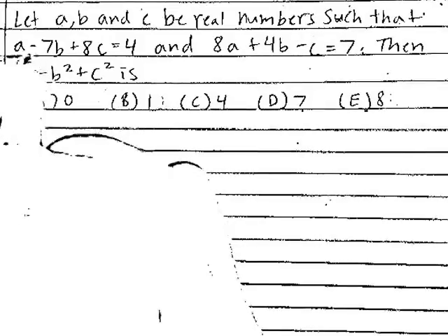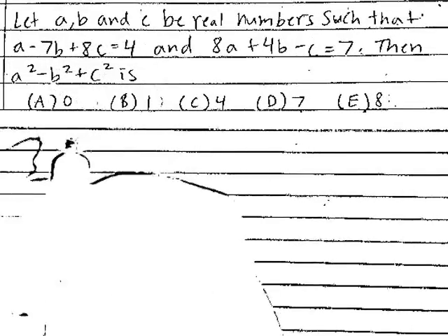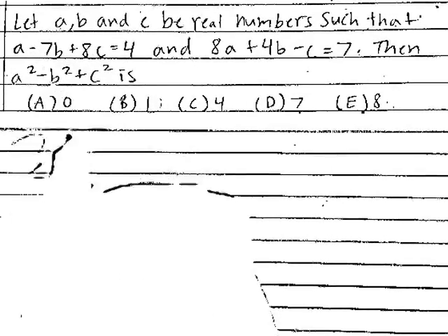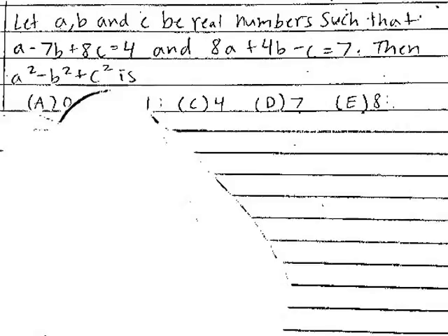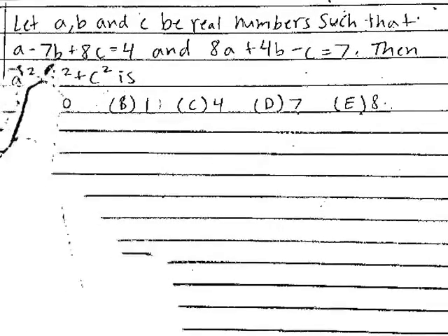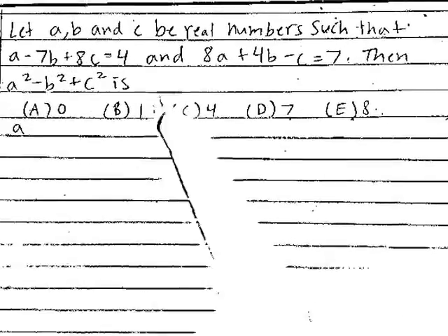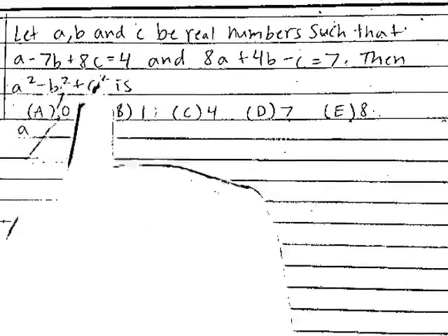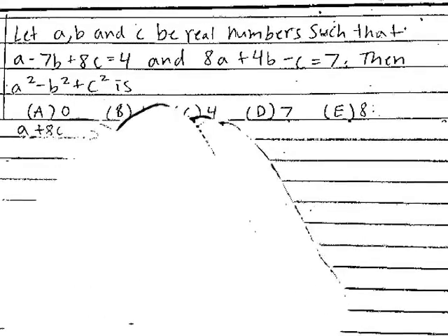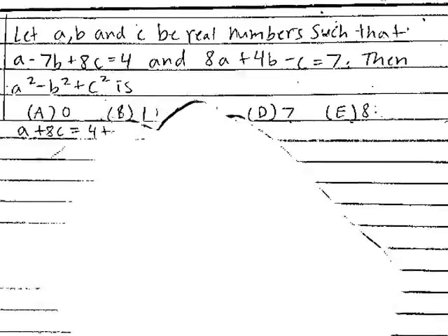I'm going to move the B part to this side so that it's a binomial on each side. So if I move negative 7B to this side, then it'd be A plus 8C equals 4 plus 7B.